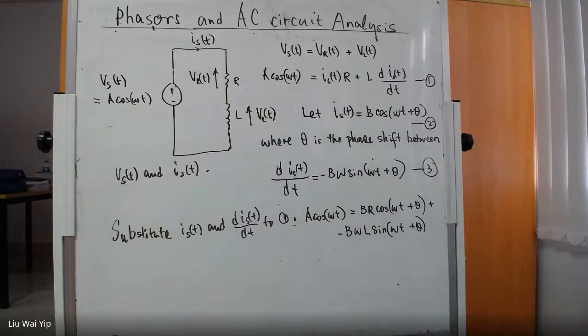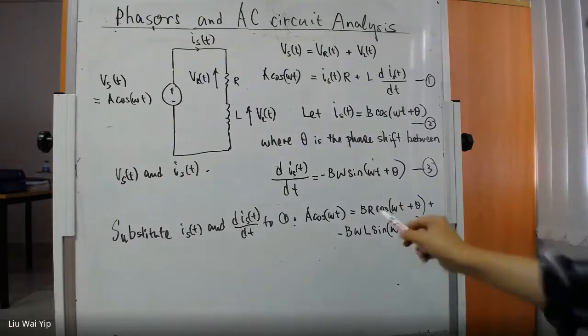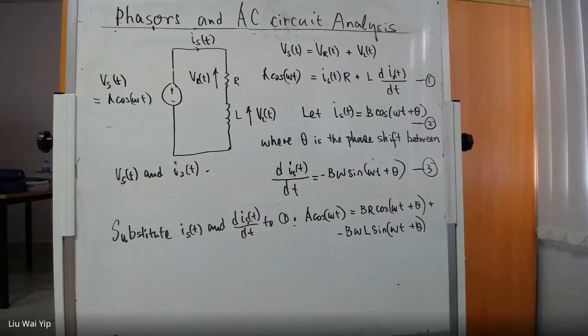There's no easy way to solve these trigonometric equations. The only way that you can do is to break down these two terms. You have to break down these two terms.